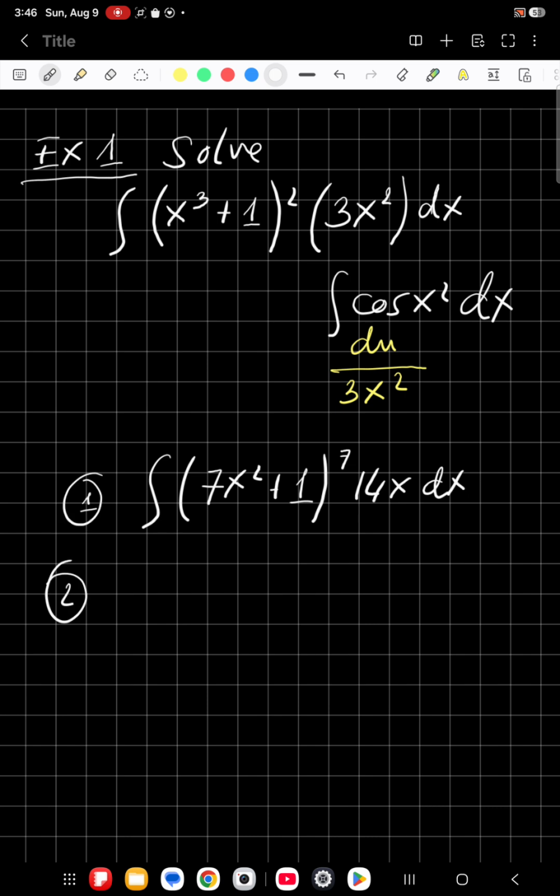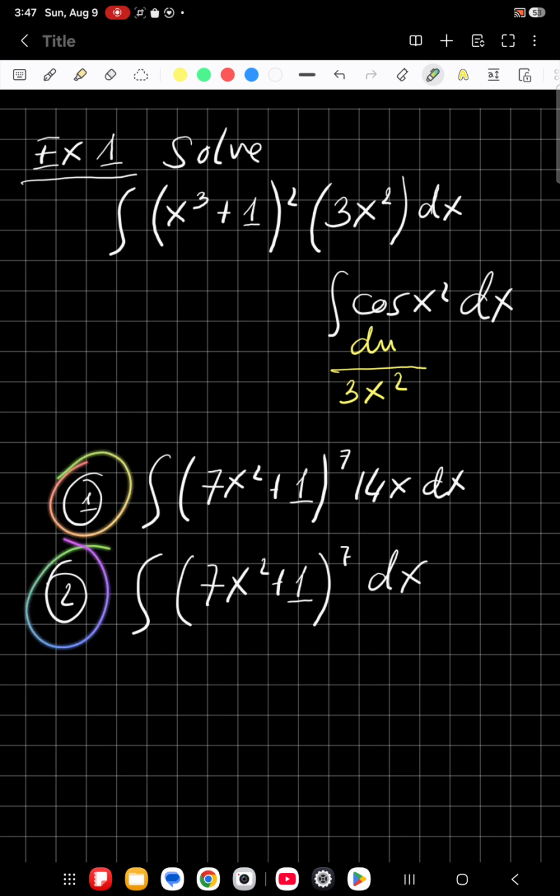And problem number 2 would look like this: (7x squared plus 1) to the 7th power dx. So I would ask you, you have two problems here. Which one would you prefer to solve, which one is easier, or maybe solve just one of them? That would be the question.